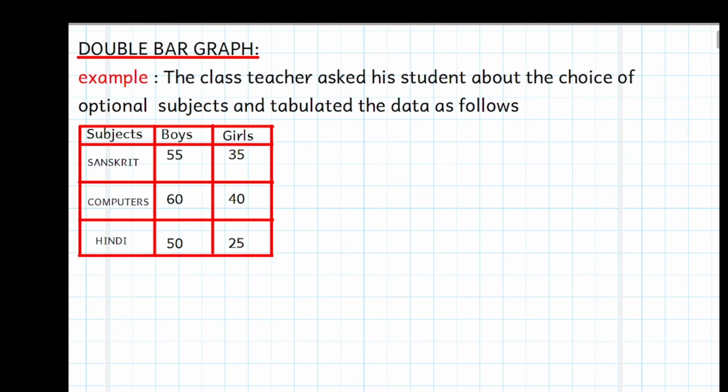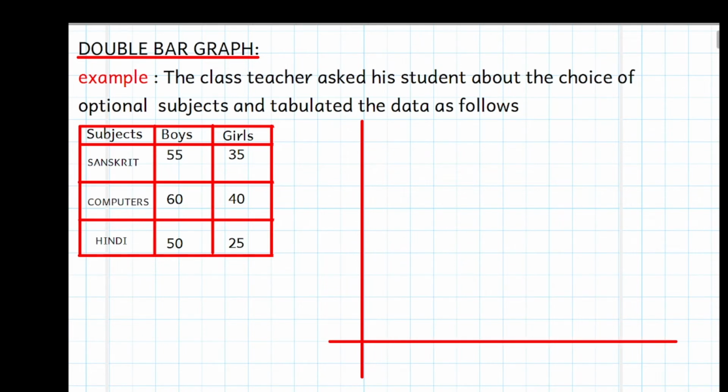Okay, so for that, how to draw the graph? Again we have to draw the x and y axis. Now here the values are given.